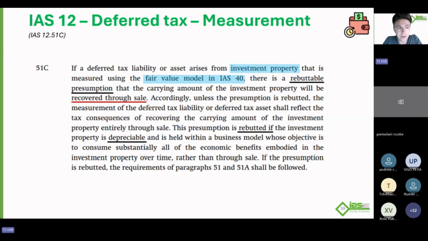You can actually do that. Do you see what I mean? If you are depreciating, it starts to look like you are not recovering it through sale, you are recovering it through use. In which case we can say, okay, it is not assumed to be through sale. Do you see why these paragraphs exist? Does it make sense?